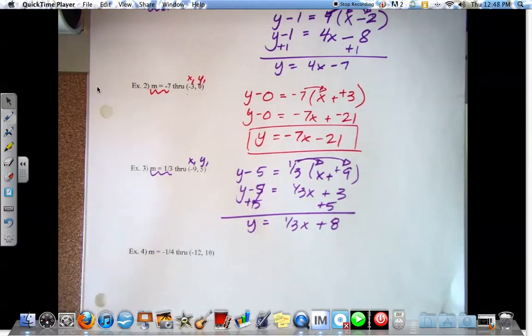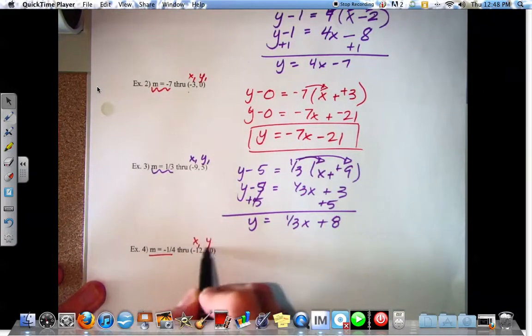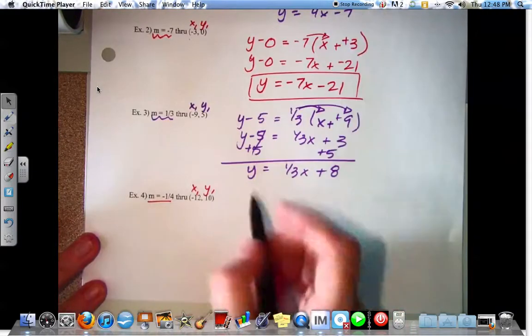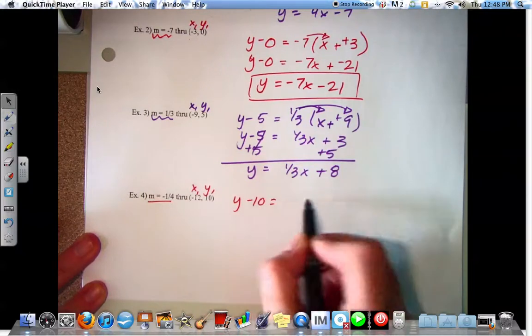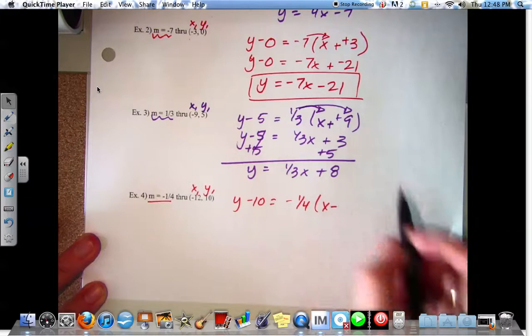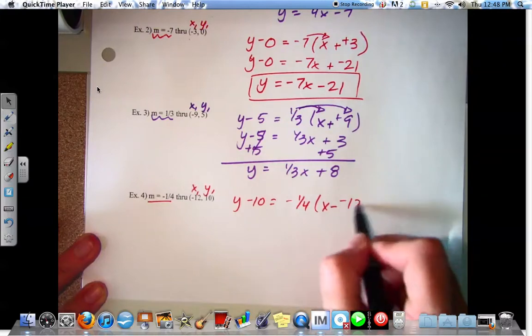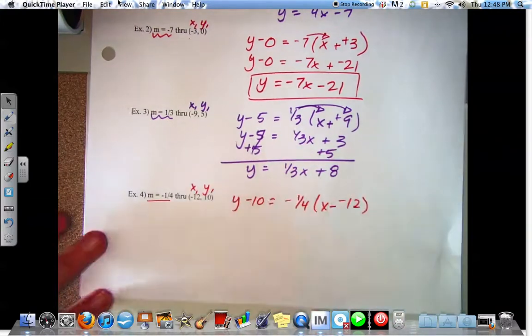Example 4. Slope, x1, y1. Y minus 10 equals negative 1/4 times x minus negative 1. We have two negatives, so what happens?